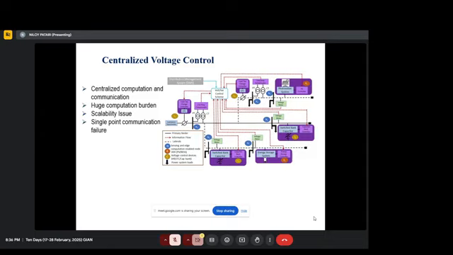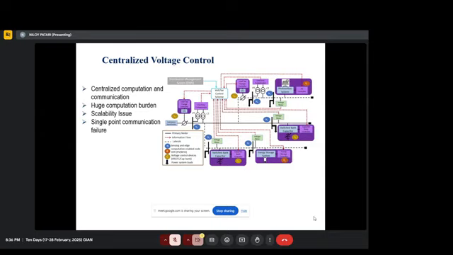All of these agents will have voltage meters, right? I've shown voltage meters, but it can be power meters as well. All of these meters will send information back to the volt-var control scheme, which will then solve, not a power flow, but an optimization problem, and then it will send the set points back to each of the agents.